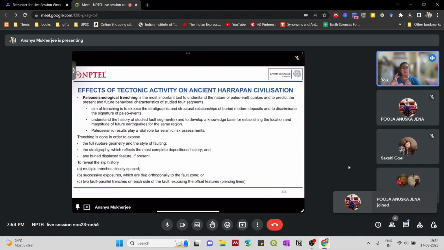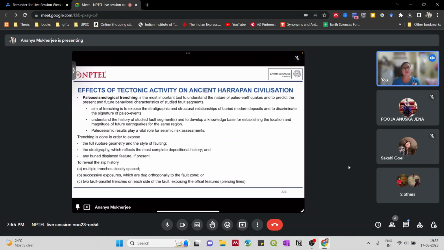Or if in the past it was in a static state, calm, but recently there has been some seismic activity, again there is going to be a difference in the features that we see. So trenching is a tool where we can compare features and distinguish modern day or still scenarios from seismic events.